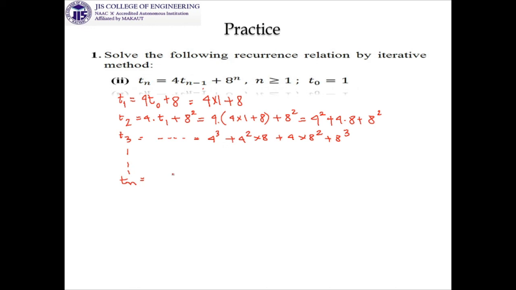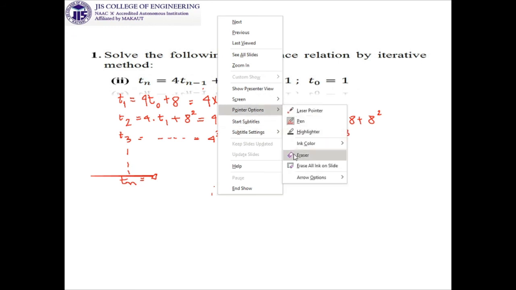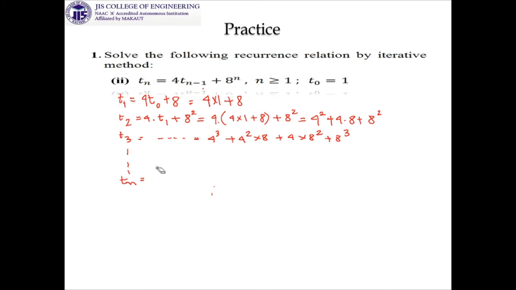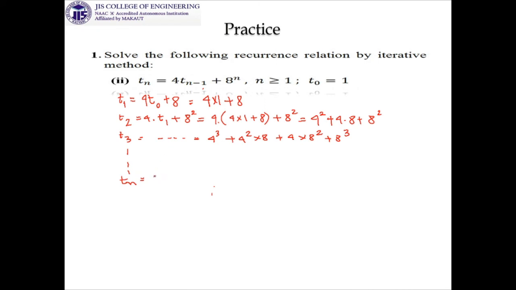Instead, we write that Tn is 4 to the power n plus 4 to the power n minus 1 into 8 plus 4 to the power n minus 2 into 8 square plus dot dot dot plus 4 into 8 to the power n minus 1 plus 8 to the power n.